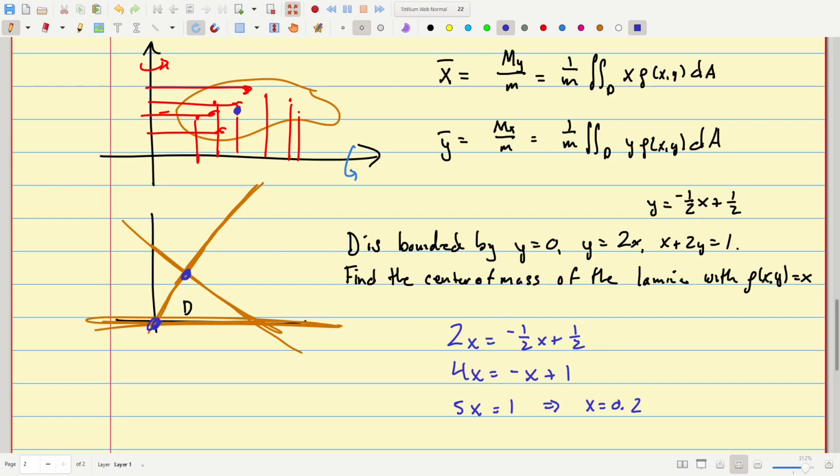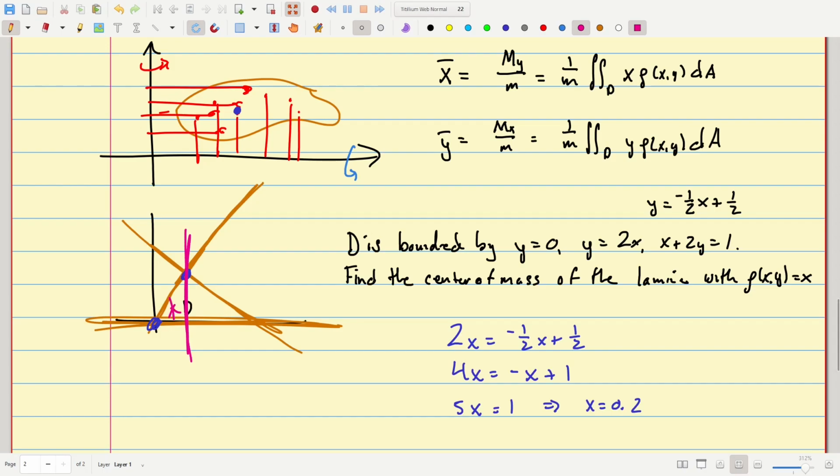Now, looking at this picture, life is easier if we treat this as a type 2 region. The way that we drew it is as a type 1 region, or at least these equations, the way that we're using them so far, is as type 1. If we do type 1, we would have to do 2 problems.